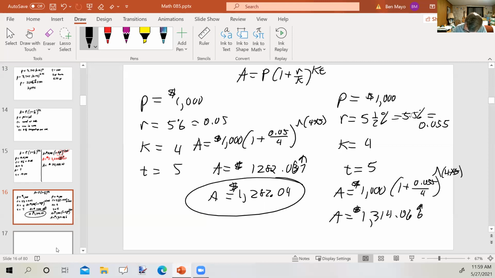The 6 here is going to round up, so 1314.07. And it said how much more interest would you get?